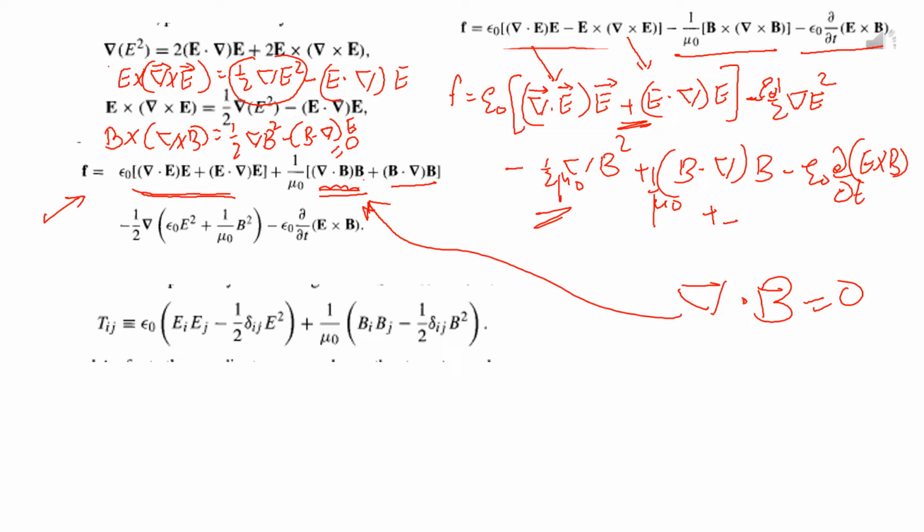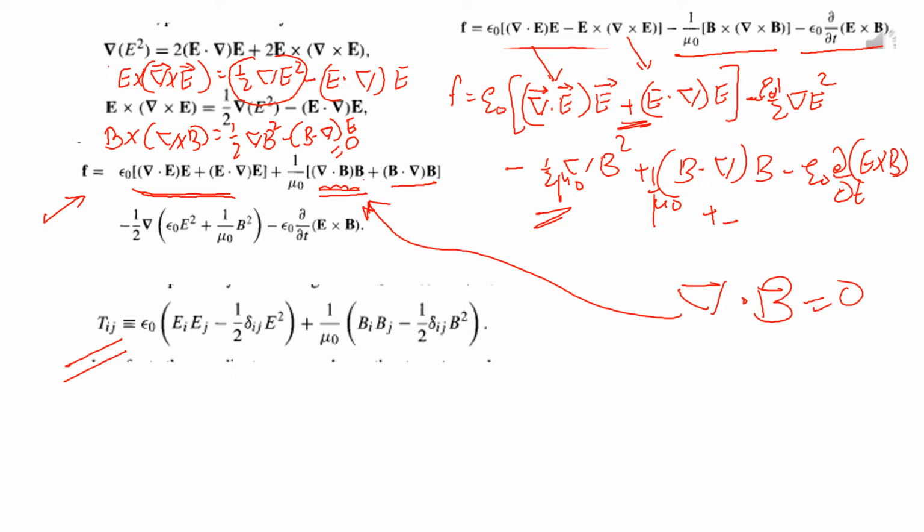So how to minimize the complexity? For that, we are using a tensor notation called Maxwell's stress tensor. The definition of this stress tensor is T_ij equal to epsilon 0 E_i E_j minus half delta_ij E square plus 1 by mu 0 B_i B_j minus half delta_ij B square, where i and j are the coordinates x, y, z.